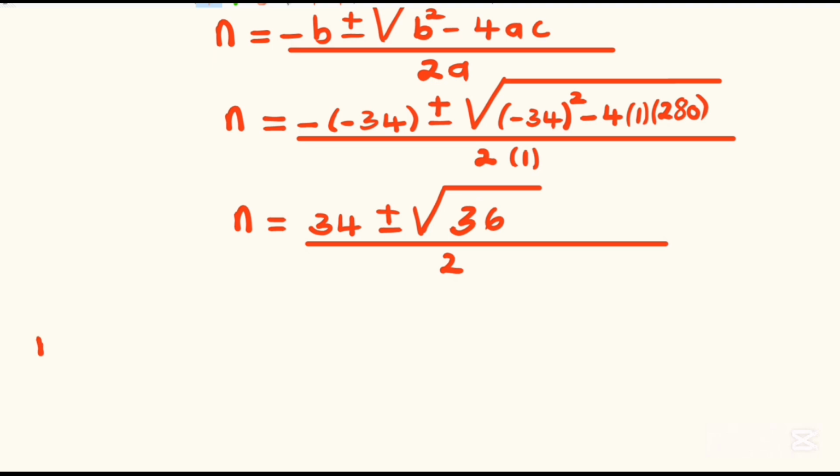So from the positive side, our n will be equal to 14, and from the negative side, our n will be equal to 20. So it's term number 14 and term number 20 which will have a value of 74.